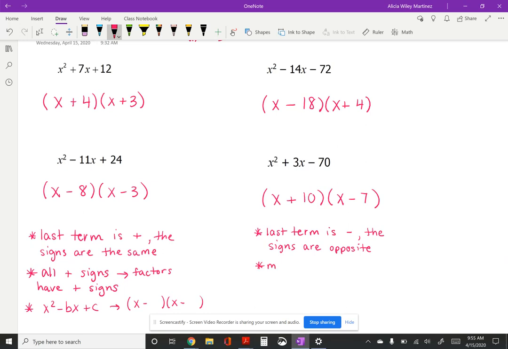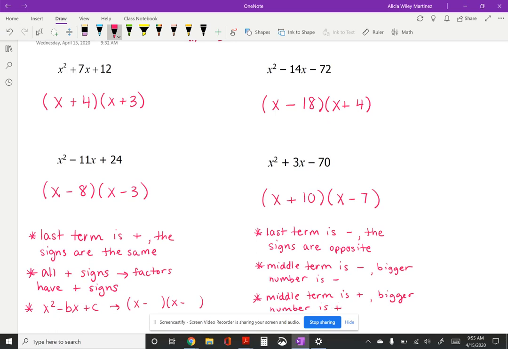So again, if the middle term is negative, then we know the bigger number is negative. If the middle term is positive, then the bigger number is positive, okay?